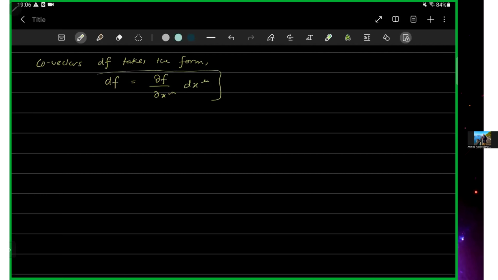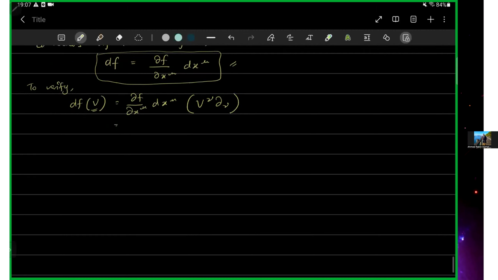Now, of course, we can verify this. And to verify, let's act it upon a particular vector, v. So in this case, if I use this definition and I expand df, I should get del f by del x mu dx mu, and also expanding the vector into its components and using the coordinate basis, if you remember from last class, we would get something like this, right?